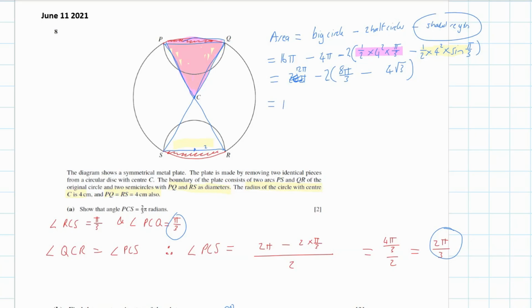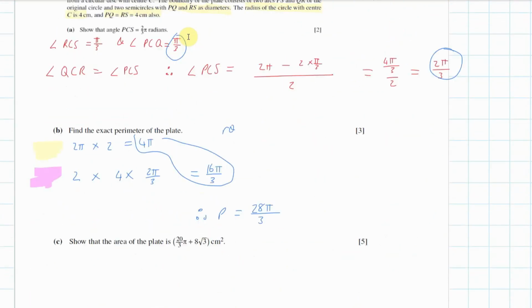So then we should have 12 pi, subtract 16 pi over 3, take away, that would be 8 plus 8 square root 3 when we multiply that up. Now, 12 pi, that was a 36 pi, so this should equal 20 pi over 3 plus 8 square root 3, which is what we're trying to find.